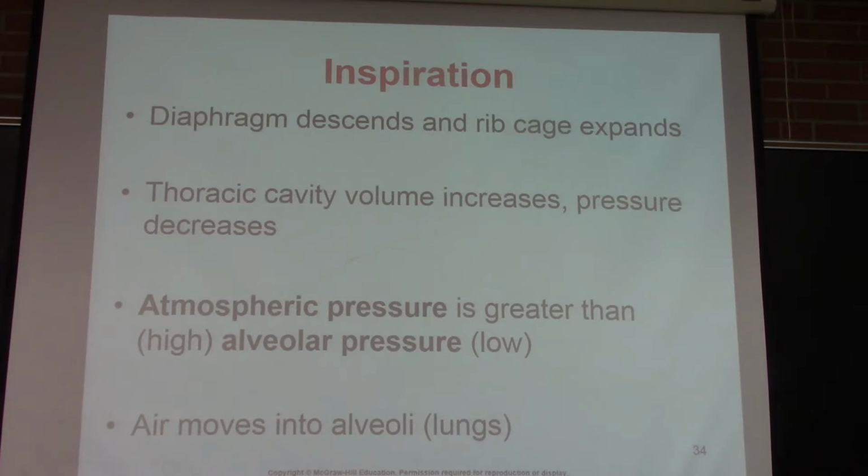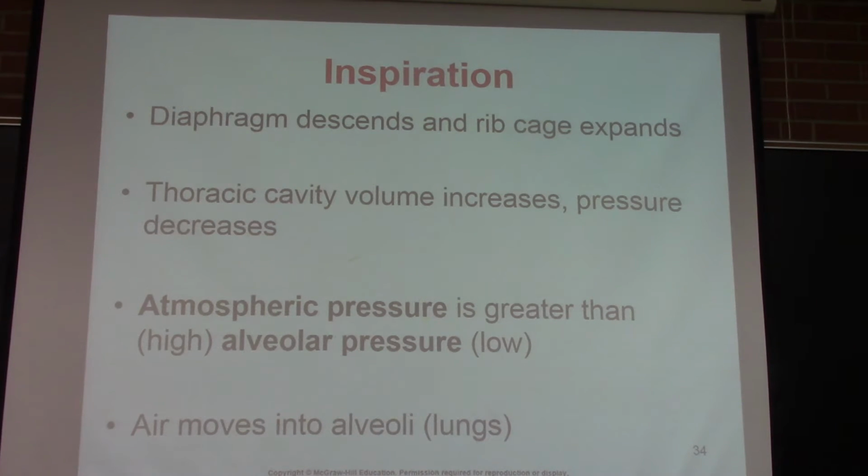So when we inspire, at that time the diaphragm descends, and descending means the diaphragm, which is like this, becomes somewhat flattened. It's not exactly like that, it becomes somewhat like this. So the flattening of the diaphragm expands the thoracic cavity. The volume in that area increases, so that decreases the pressure.